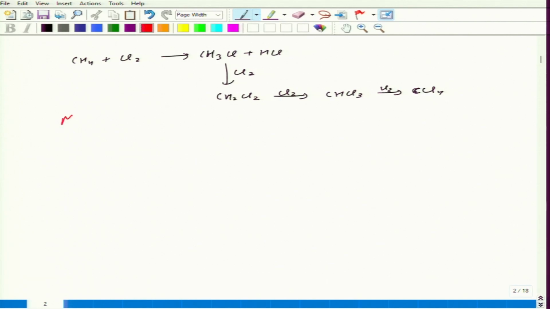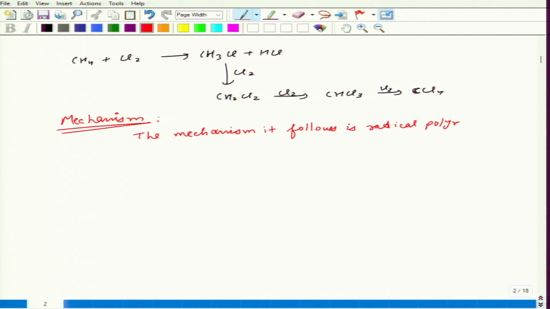So, let us talk about the mechanism. The mechanism it follows is radical polymerization, or we can say radical chain mechanism, not polymerization, radical chain mechanism.